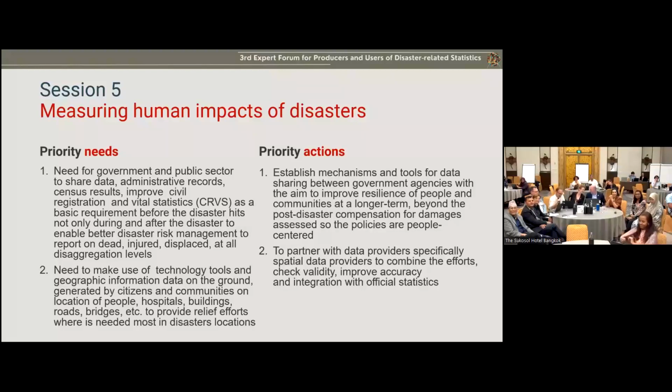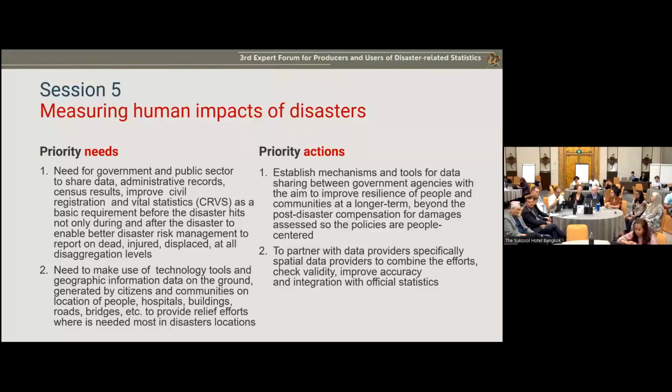On the human impact of disaster, I think the priority should be a people-centric and human recovery approach. For that matter, we need to identify and provide the required mandate to the agency to lead the process.